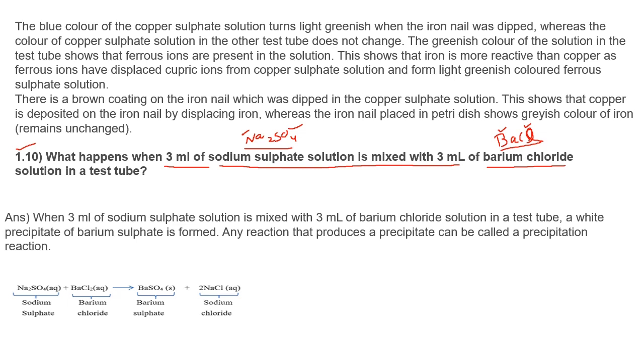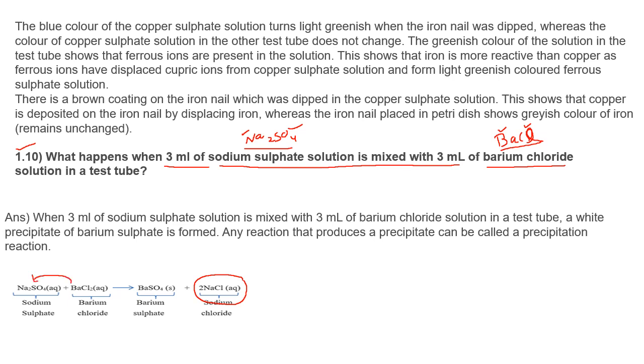So here both are salts, and definitely you will see there will be a displacement of metals, and when sodium displaces barium, we are getting NaCl, sodium chloride, right? And in the place of sodium, barium will come.